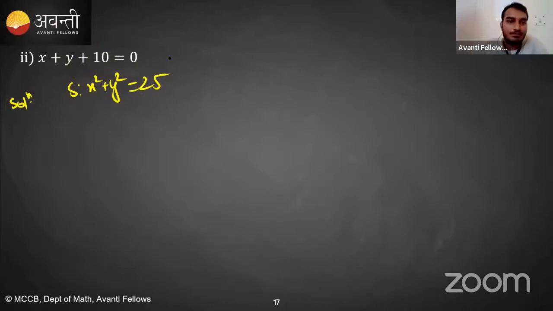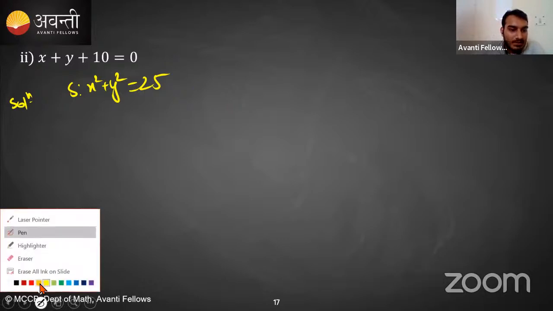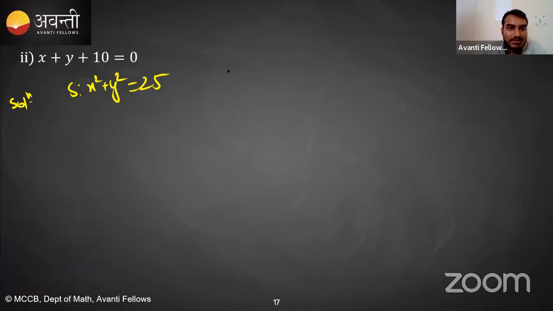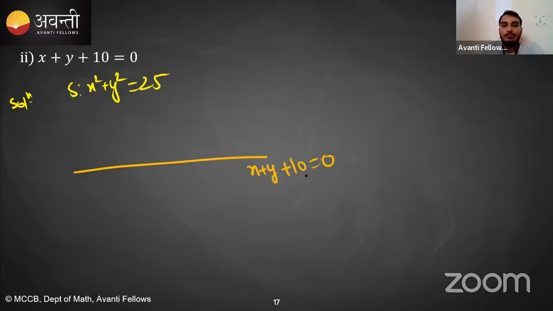Okay, yeah. So as I was saying, what is this circle? The circle has center 0, 0 and radius 5, right? So let's say this is some line, x plus y plus 10 is equal to 0. Okay, so let's say this is the center point.